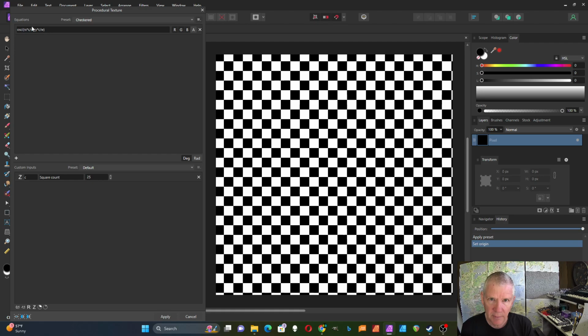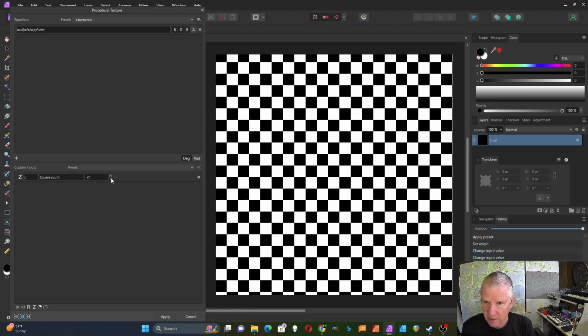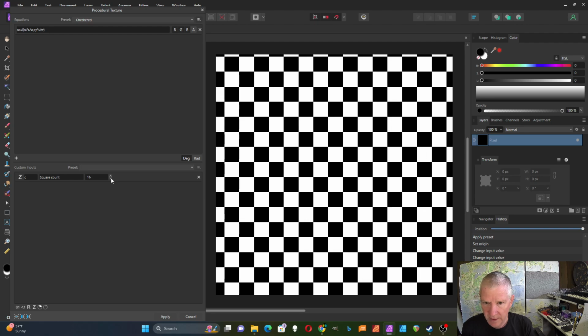And I know that I'm multiplying by C. And I know that somehow scales it so that as I change C, it changes the number of squares that I see in here.